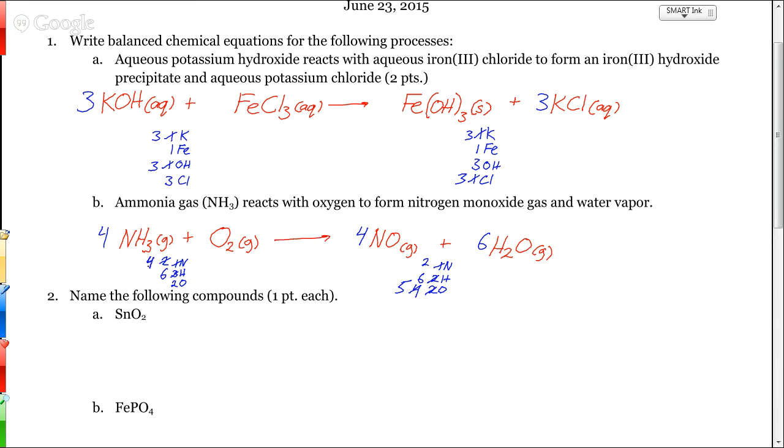So that's going to change our numbers to 4, 12, but should keep the proportion, so we don't have to rebalance anything that we've already balanced. And now instead of 5 oxygens, we have 10. So we can balance that with a 5 here. We're good? All right.